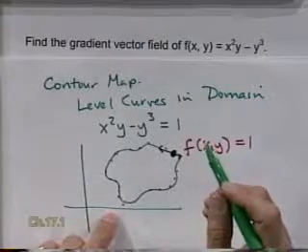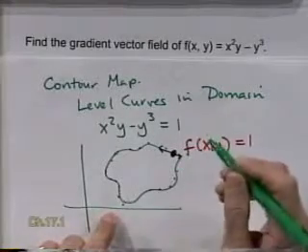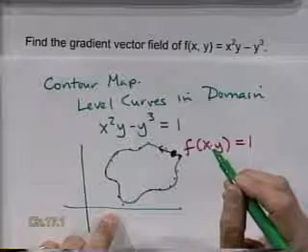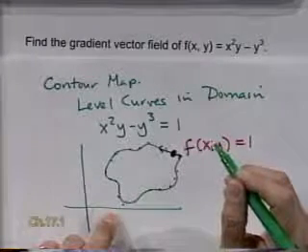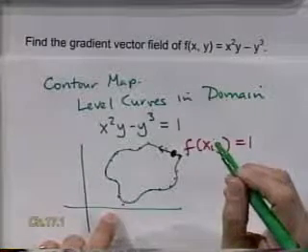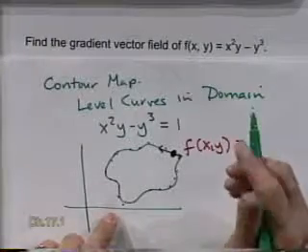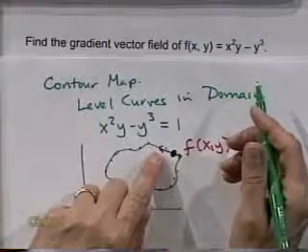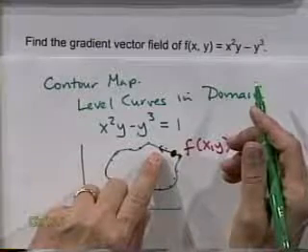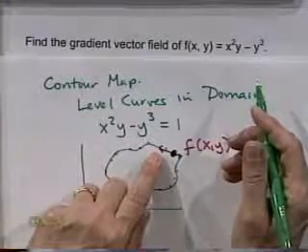If you're walking along a level curve, how much does the function change when you're walking along that level curve? Not at all. So what's your directional derivative equal to? 0, huh? So if you go in the direction of the level curve, your directional derivative is 0, right?